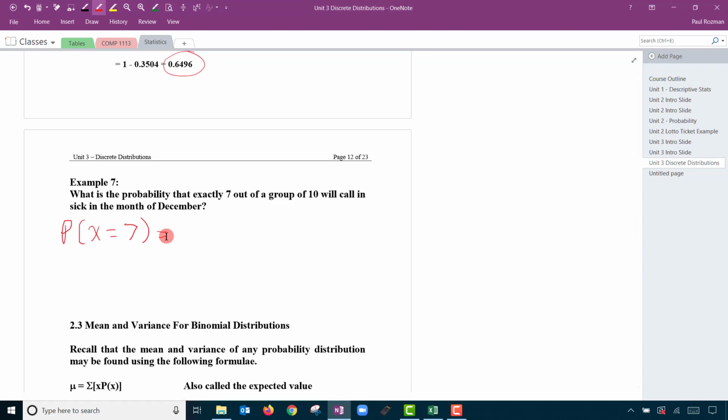If we were using the table, we would say it's x less than or equal to 7 minus the probability of being less than or equal to 6. If you do 7 or less and then take away the probability of 6 or less, that's the probability of exactly 7. Basically, you're adding up a bunch of rectangles and then subtracting out the ones that you don't want.